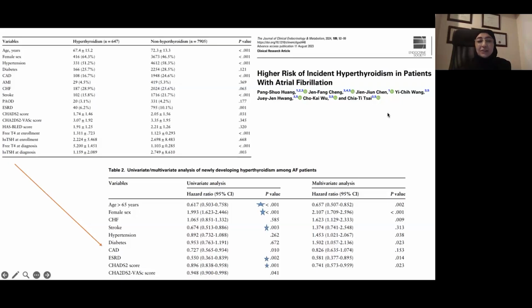Most risk factors were correlated with the development of hyperthyroidism in atrial fibrillation patients: age above 65, gender being female, the fact that a patient had a stroke, end-stage renal disease, and CHADS2 score.